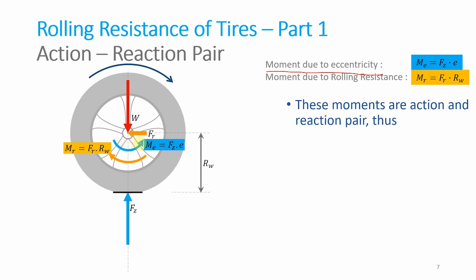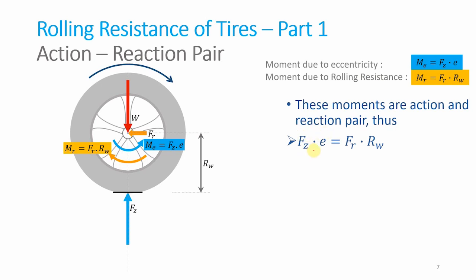Now you will agree that both these moments, the one created by the Fz acting at a distance E and the one created by the Fr acting at a distance Rw, are equal and opposite, and they are basically an action and reaction pair.